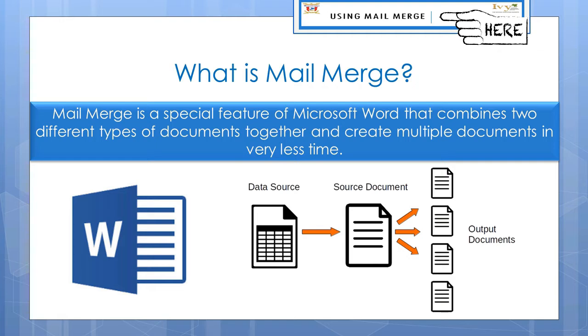We just need to create the document and the mailing list, and the rest of everything will be done by the mail merge feature in MS Word itself. We don't need to type all those letters, applications or invitations again and again. It will automatically generate output documents for as many people whose data we have included in the data source.